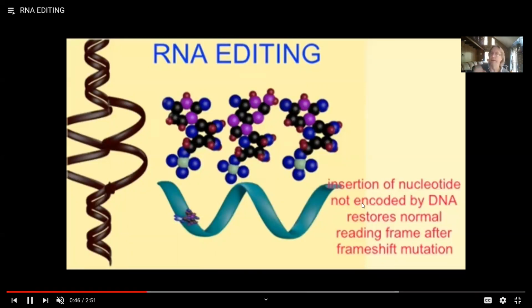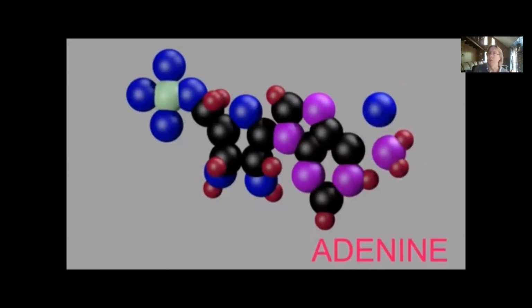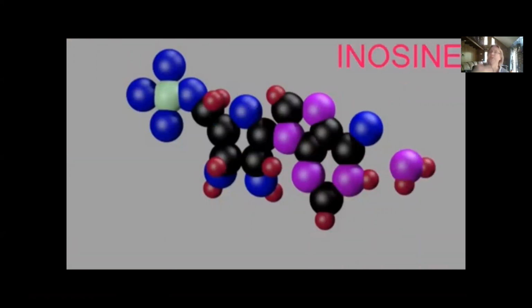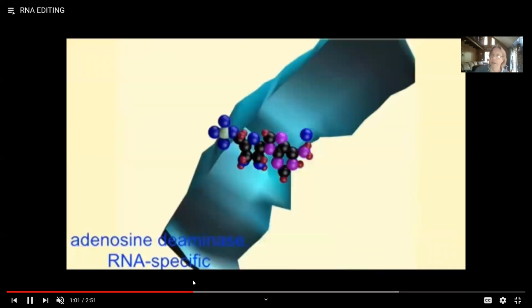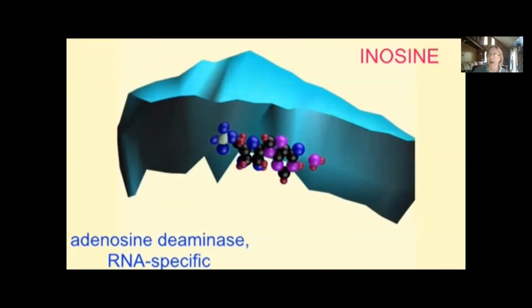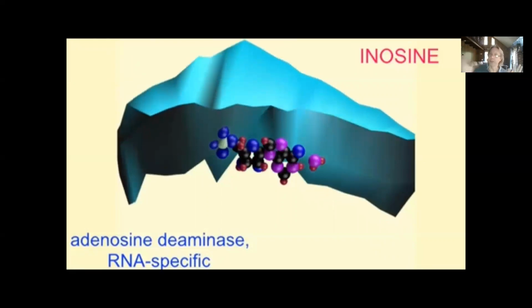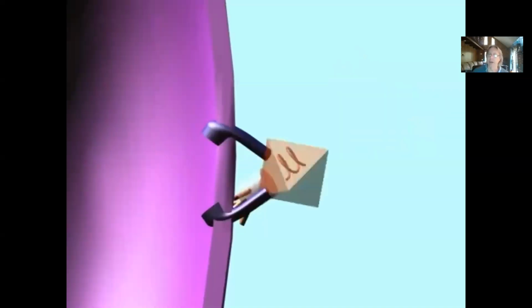if you inserted a nucleotide where one had been lost, that could now actually restore normal function after a frameshift mutation. But if you convert adenine into this inosine, this can change base pairing, all right? And so that could be significant. But then this could also change how the RNA molecule folds upon itself.